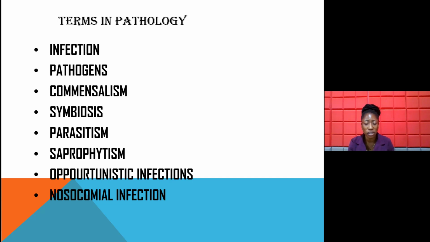Then opportunistic infection. What are opportunistic infections? They are infections that normally your body should be able to fight. Your body is in good condition, you have perfect immunity, you are eating good food, you are in perfect shape. There are a lot of disease conditions that something will just happen and before you know it, you are okay. You will not even use drug.